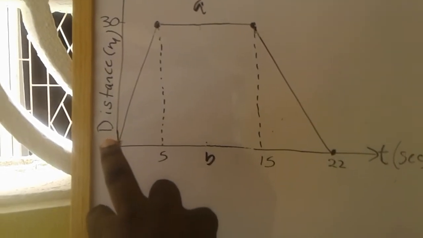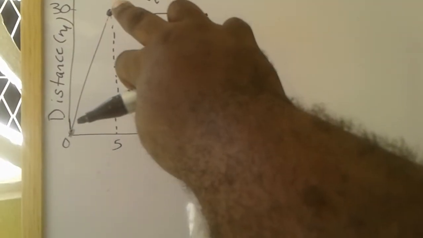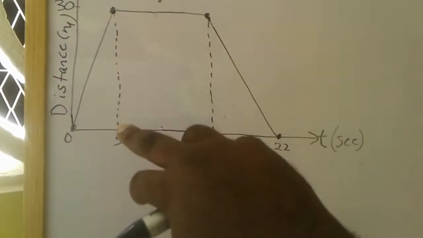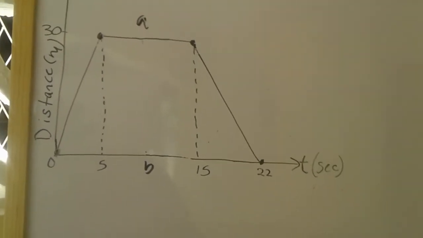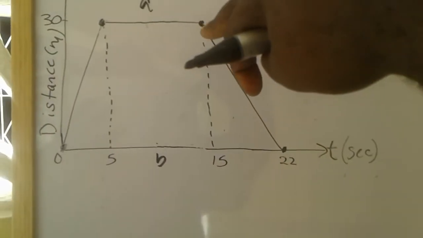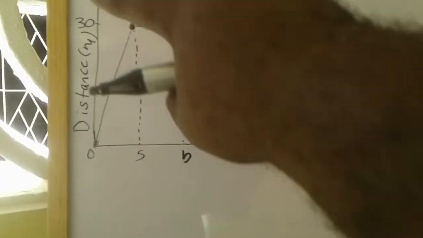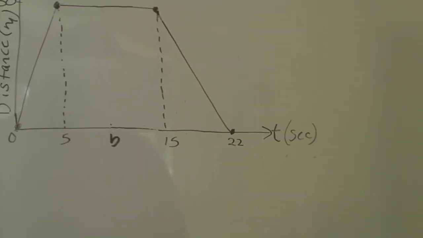It travels at 30 meters per second as a speed for the first 5 seconds. It then maintains speed for 10 seconds and then decelerates for the next 7.